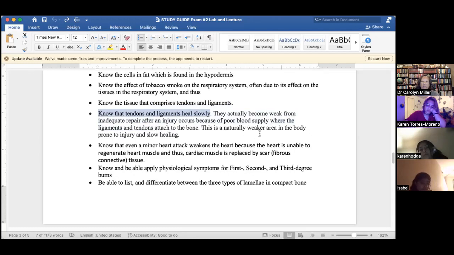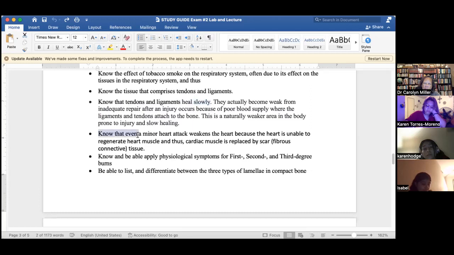So this is a naturally weaker area of the body, prone to injury and slow healing. The bottom line is that tendons and ligaments, unlike bone, do not have a central artery and vein. Their blood supply, which brings in the nutrients, comes from the perichondrium, which wraps around it. So they heal slowly.